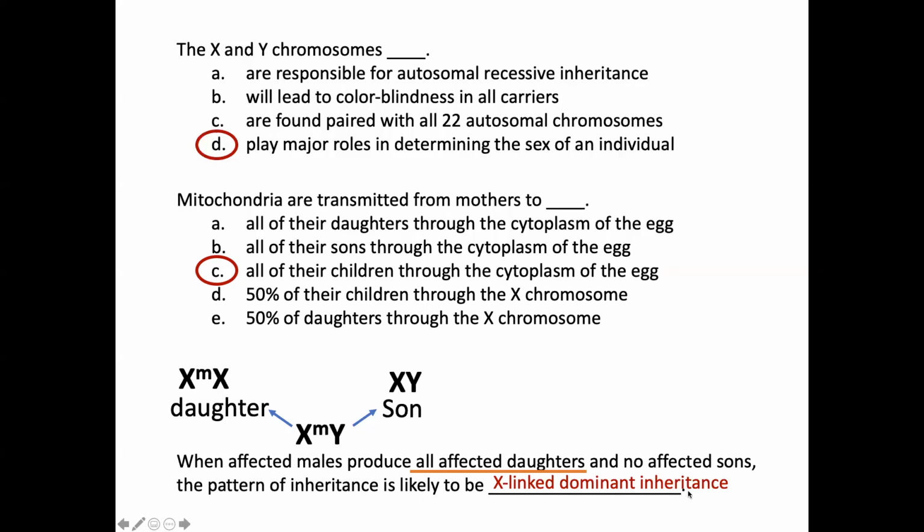No, because under that situation, the mother has to be at least XMX. Then they would produce an affected son, because the mother contributes an X to their son, right? But here, all sons are not affected. So the only correct answer is X-linked dominant inheritance in this question.